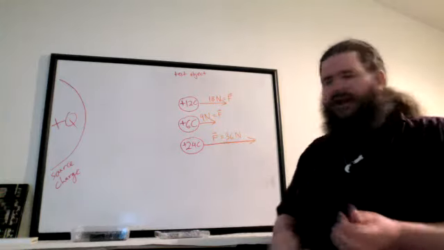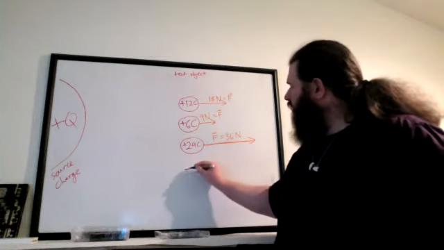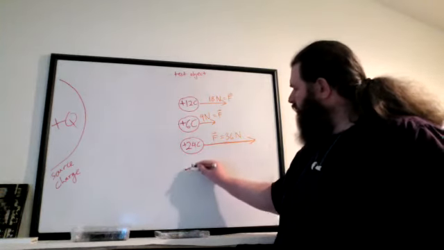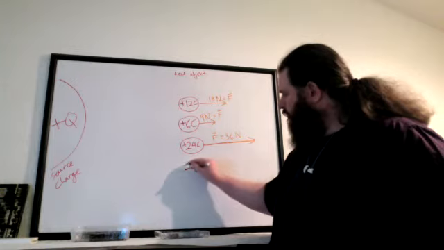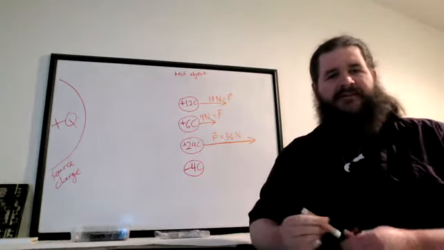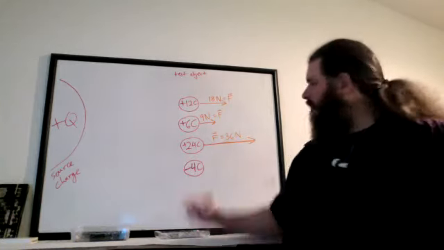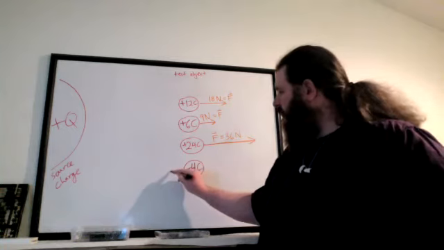Or alternatively, what if we had a negative charge. Let's make this negative 4 coulombs. First of all, the force would be in which direction? To the left. Force would be to the left.